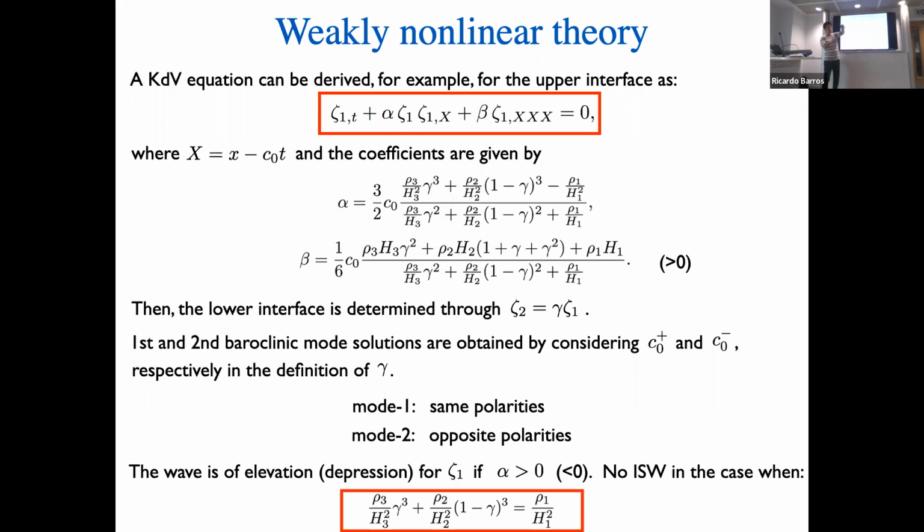So they could be these kind of bulge waves, or something like this, convex or concave. And the wave is of elevation for zeta 1 if this coefficient is positive, or of depression if negative. And of course, in the case when this vanishes, you don't have solitary waves, and this corresponds to the critical condition, which is defined there.